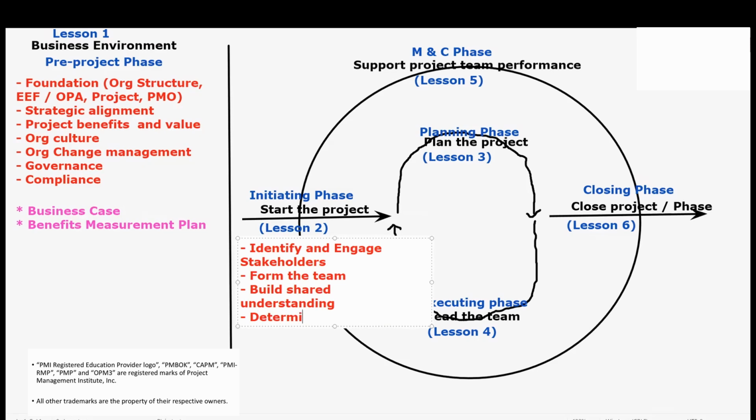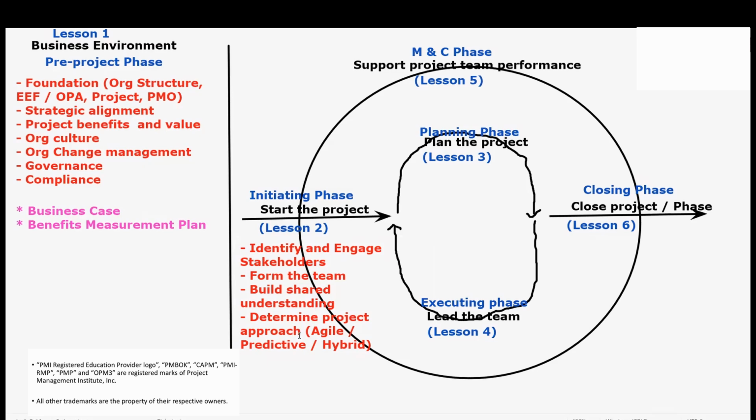We are going to talk about determining the project approach as well, whether we want to go for an agile, a predictive, or a hybrid approach. These are going to be evaluated at this particular stage, because if you decide you're going to do this project in an agile manner, your planning approach is going to be completely dependent on that.